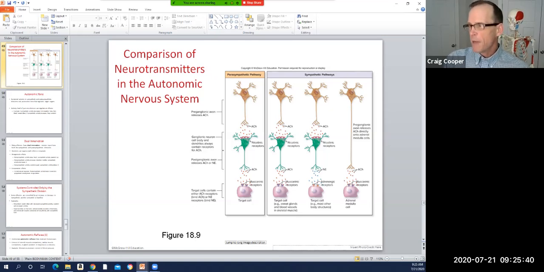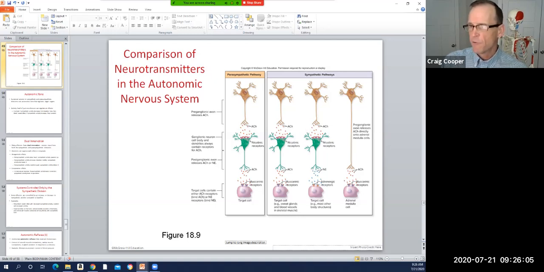Our sympathetic pathways, this first one is identical to what we see with the parasympathetic. These are going to be the type that control blood vessel dilation for skeletal muscle and the skin. Things that help us respond to the heat of the moment. It's going to be excitatory in both cases here, and it's organized the exact same way.